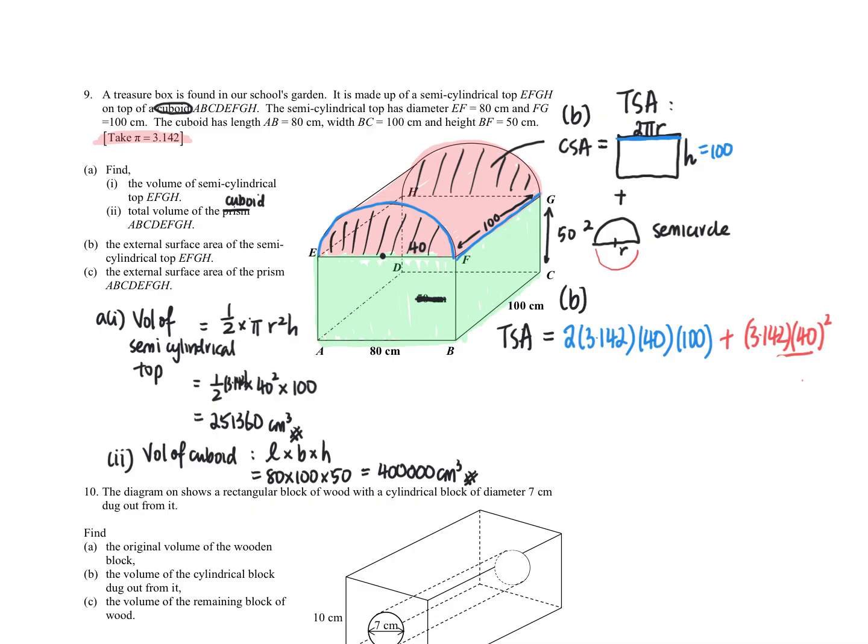So the answer would be 30163.2 cm square. Okay? So imagine it's a toilet roll. This part here is my 2 pi r. Oh, I never half. 2 pi r is the whole circle. Right? I got to half it.